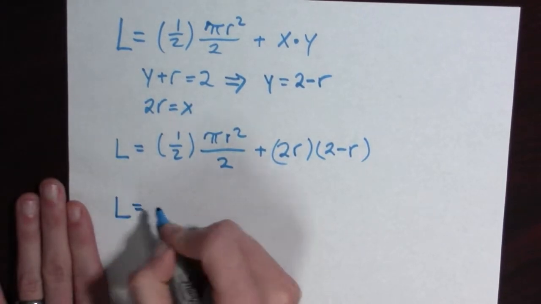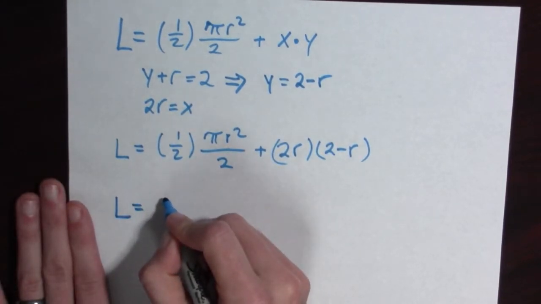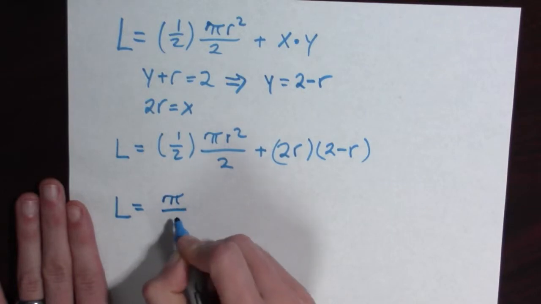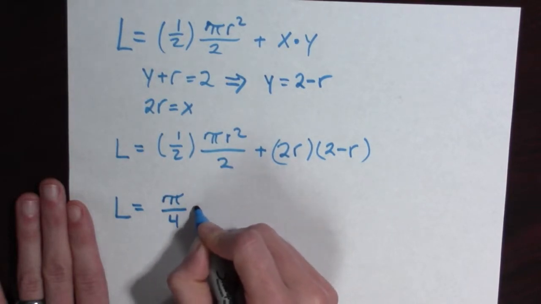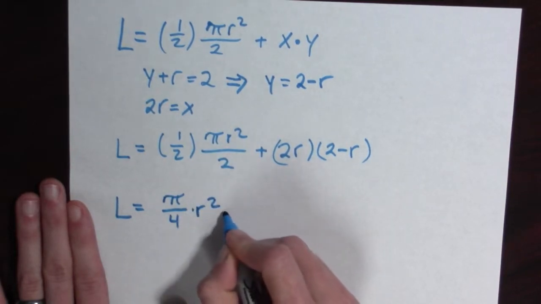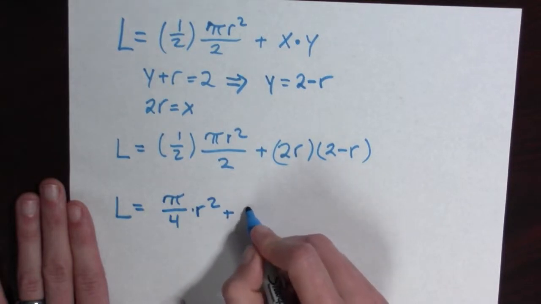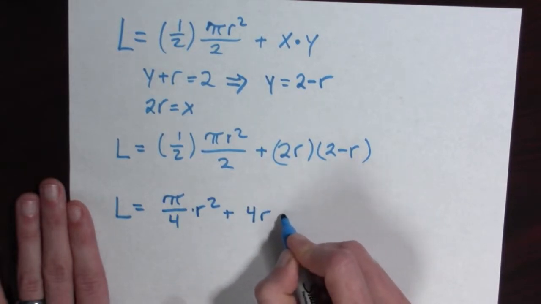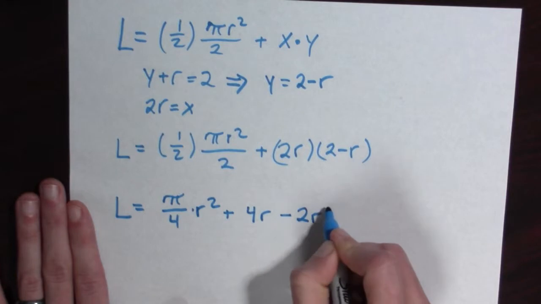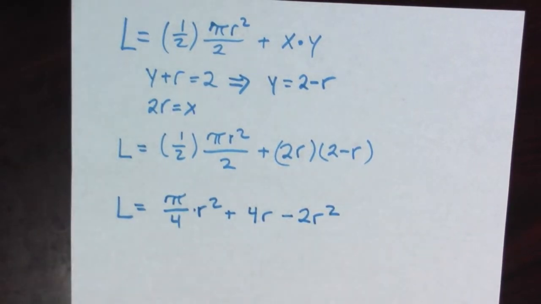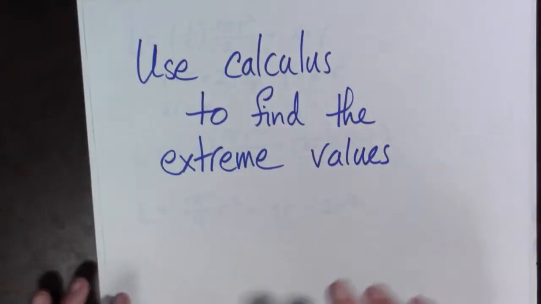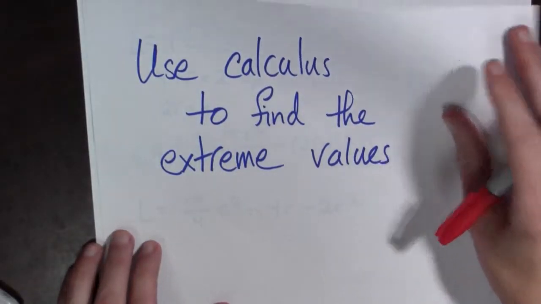So L is equal to pi over 4 r squared plus 4r minus 2r squared. That seems good enough to me. It's not a calculus class unless you use calculus to find the extreme values.